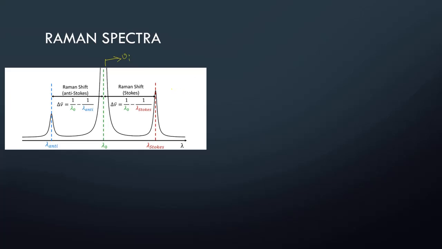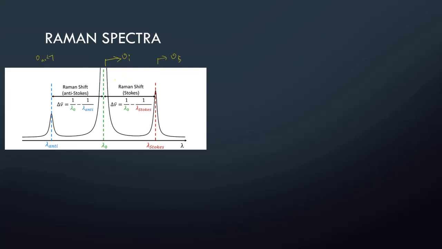Then we have Stokes lines towards the lower frequency side of the characteristic line, and we have anti-Stokes lines towards the higher frequency side of the characteristic line.